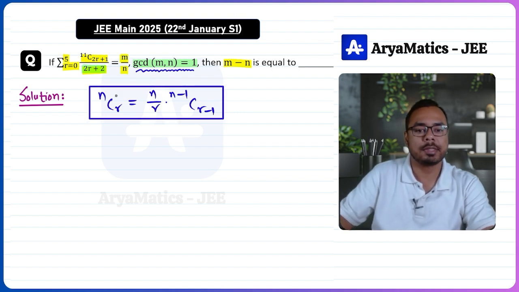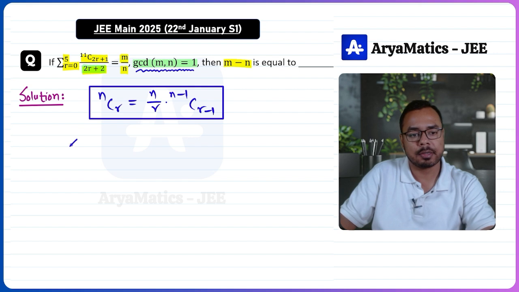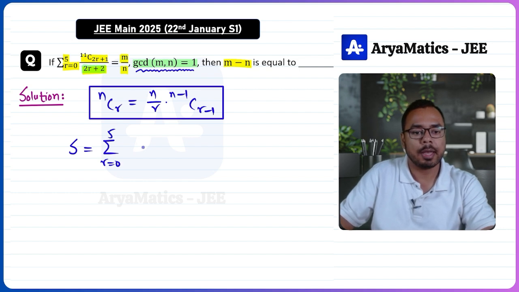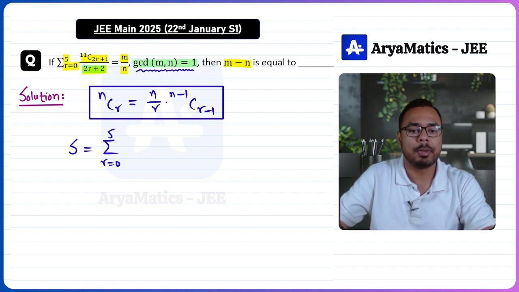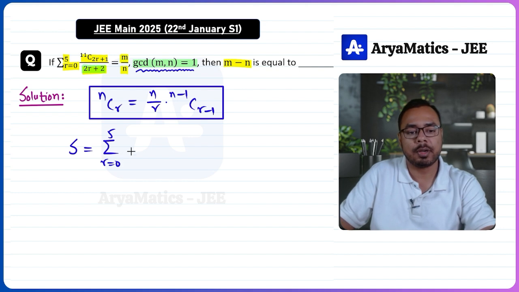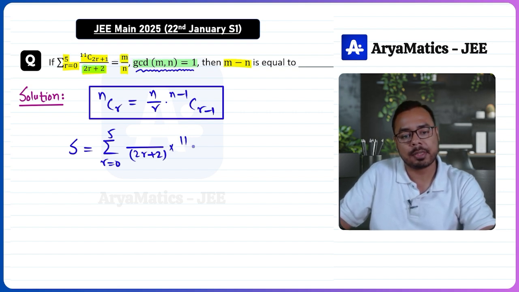So here, let us say this sum is S. So S is basically r from 0 to 5, and then in the denominator we have 2r plus 2, and this term is 11C(2r+1).